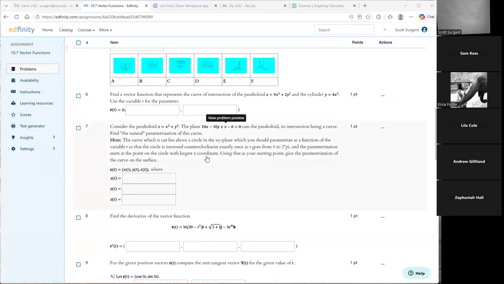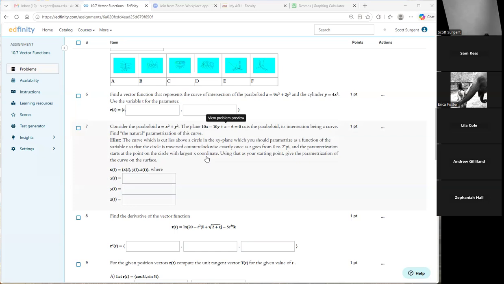Consider the paraboloid z equals x squared plus y squared. The plane 10x minus 10y plus z minus 6 equals 0 cuts the paraboloid, its intersection being a curve. Find the natural parameterization of the curve. And the word natural is quoted, because there are actually many ways you can parameterize it. So they're mainly looking for what we would say is the obvious one.